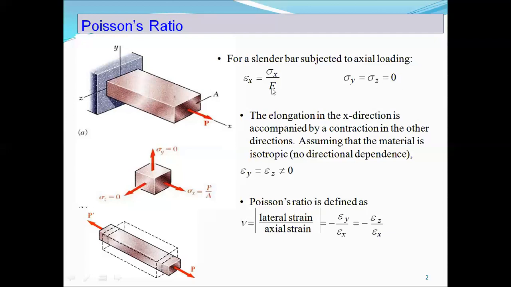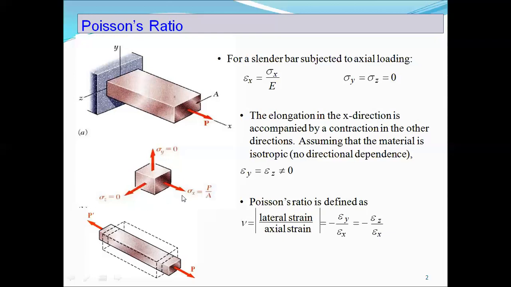What is the reason? The reason is very simple: we are applying the load only along the x-axis. There is no load along the y-axis, no load along the z-axis. So the stress in these directions would be 0. If there is no load, there would be no stress. This is the stress element, drawn for a point taken from inside the material, and we are assuming the stress element is cubic in shape.